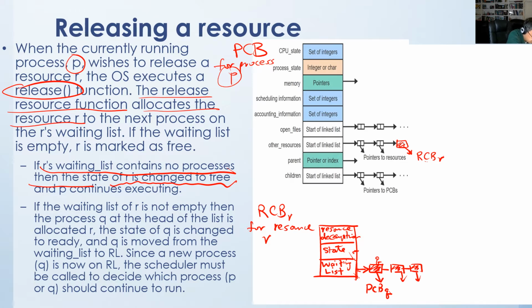Now, if P decides to release it, the RCB R will be removed from this list, and the operating system is going to check the RCB of R and find out that the next one should be Q. So what happens is, the PCB Q is currently on the waiting list of resource R, so you're going to remove it from the waiting list.